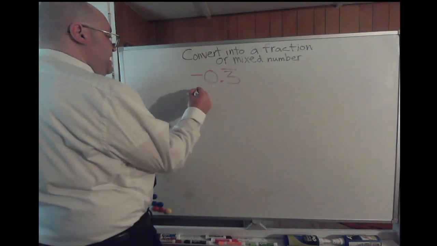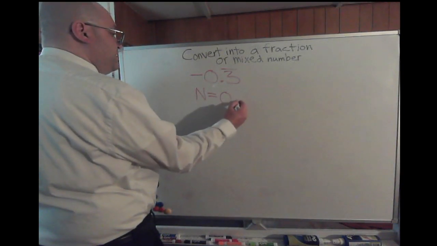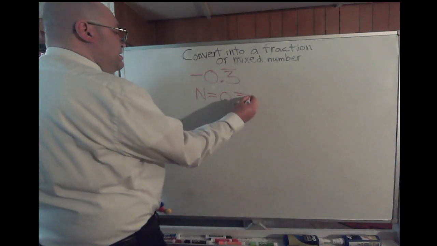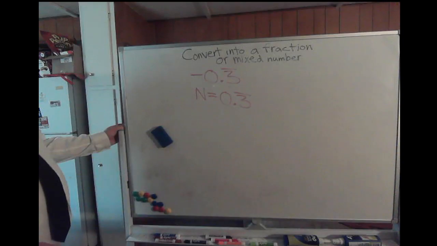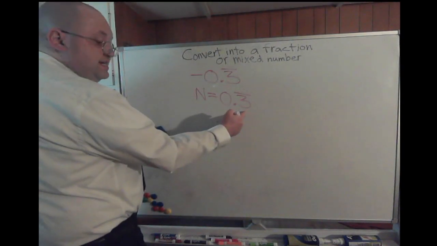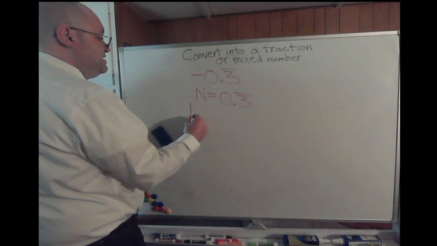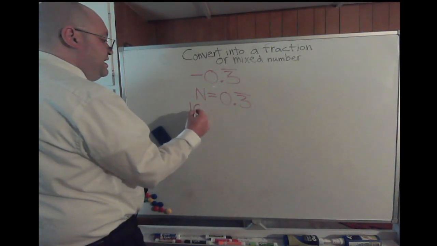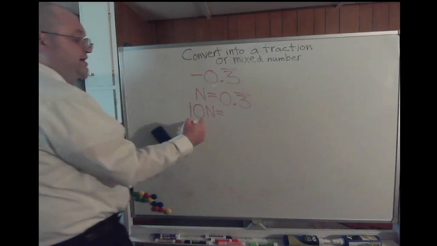We'll just let n equal 0.3 repeating. Of course, the 3's keep going. You have one decimal place here, so in order to move the decimal and get rid of the bar, you need to multiply by 10.